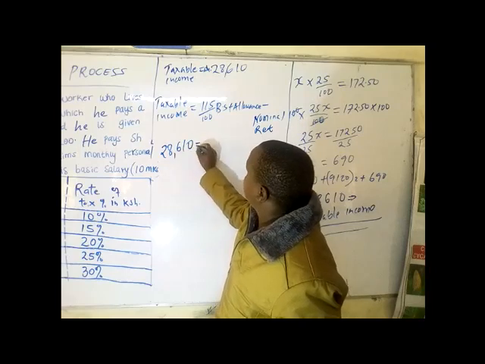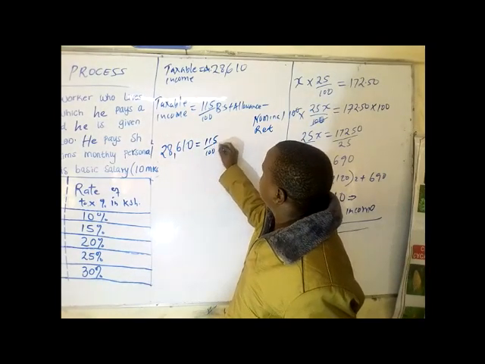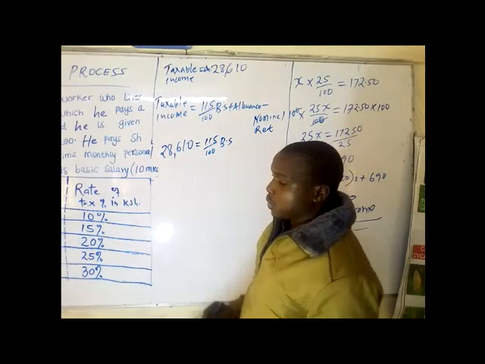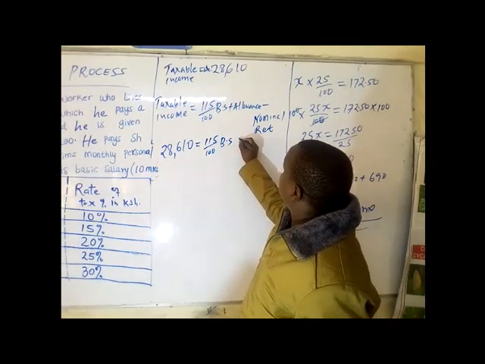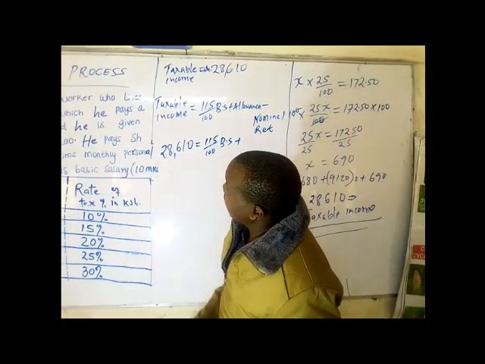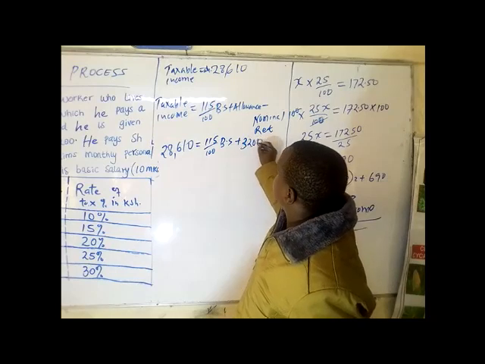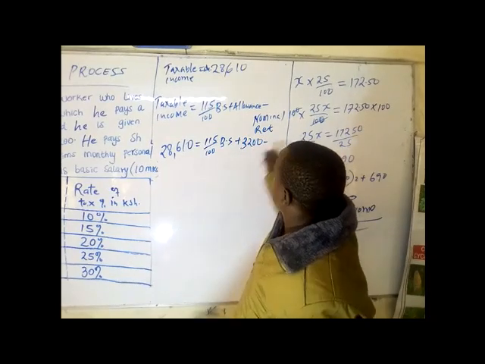So the taxable income we have, which is 28,610, is equal to 115 over 100 basic salary. We are looking for basic salary plus allowances. The allowances that were given are 3,200. Subtract the nominal rent, which is 1,500.